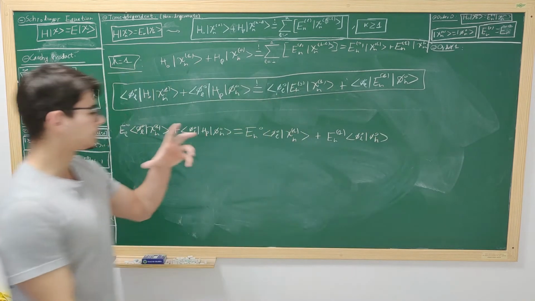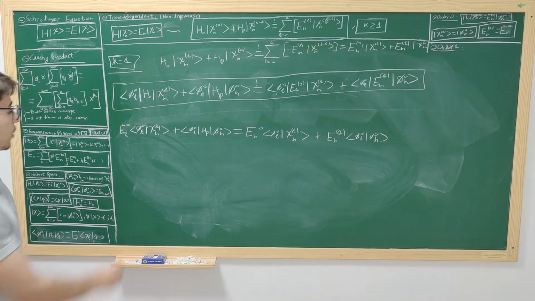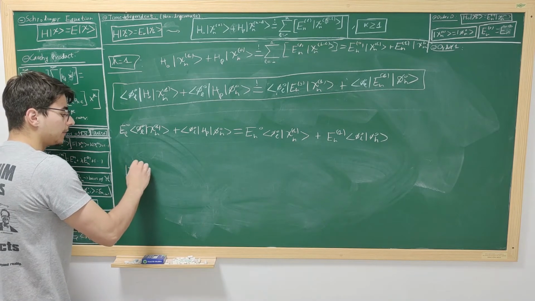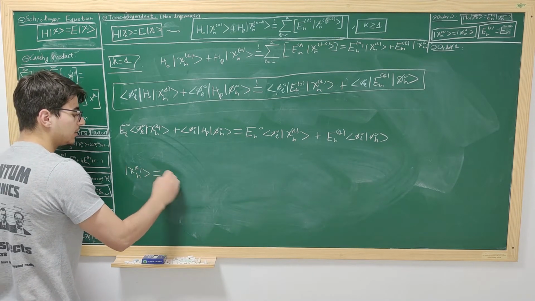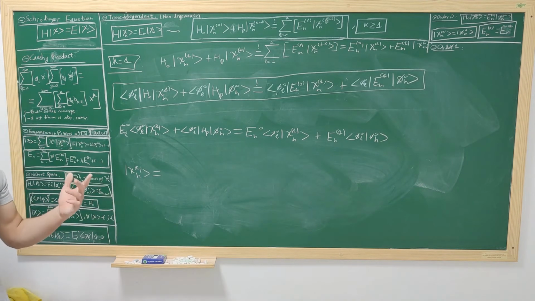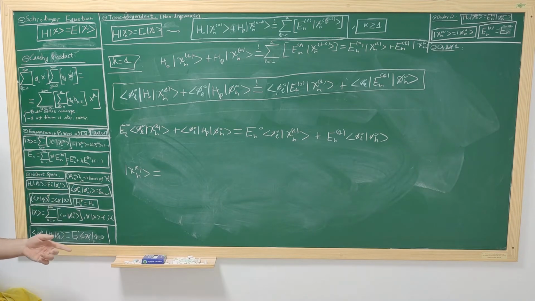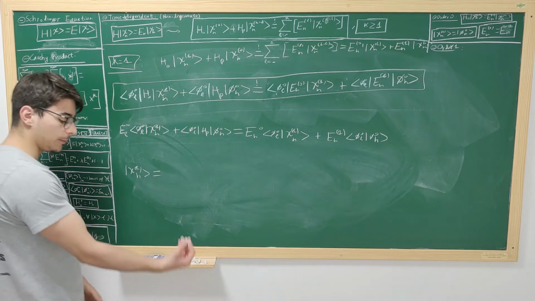Now I just wanted to remember that we said that the first order correction to the eigenstate, I always confuse the names, is an element of our Hilbert space, and we have our basis in our Hilbert space, so we can express it as a linear combination of our basis elements.